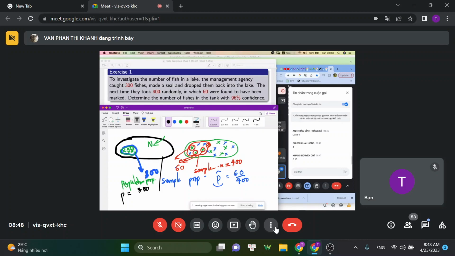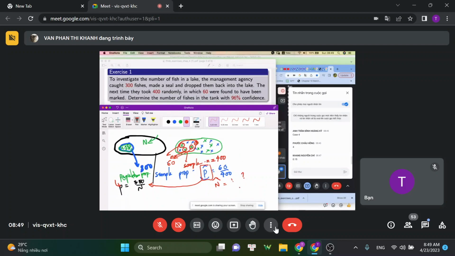Yes, 300 over n, right? I don't know p, right? But we can use p hat to estimate p. You see? So if we have p hat, can you now find n? Yes or no? So n will also be in an interval, right?